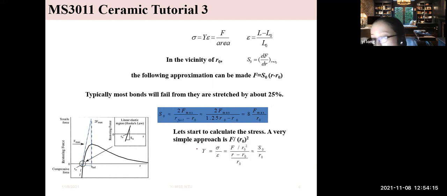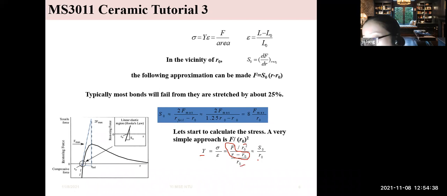So you can see I use the equations: Young's modulus is sigma over strain, sigma is F over R naught squared, and strain is R minus R naught over R naught. We already know that F over R minus R naught equals S naught, then this R naught squared here and R naught here.